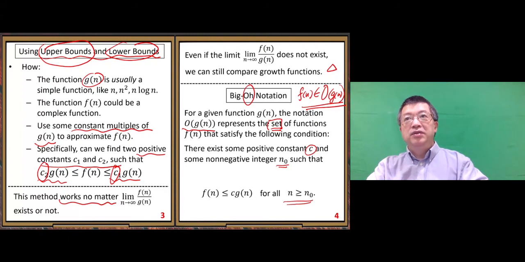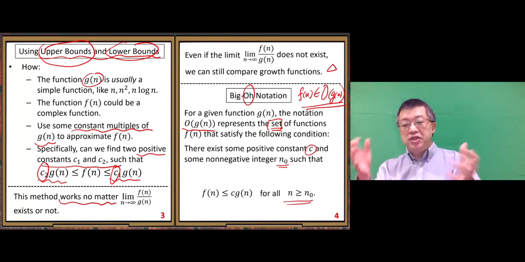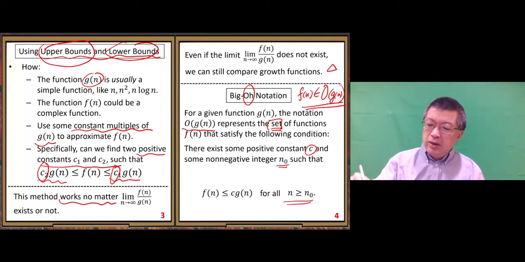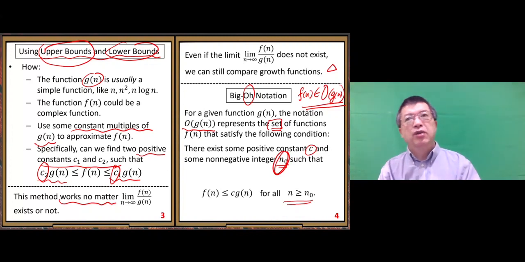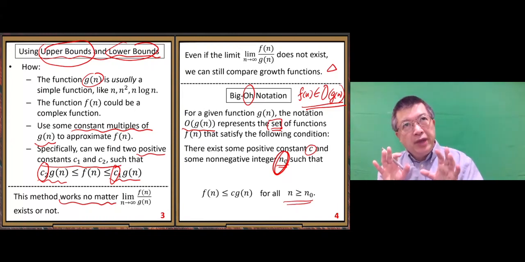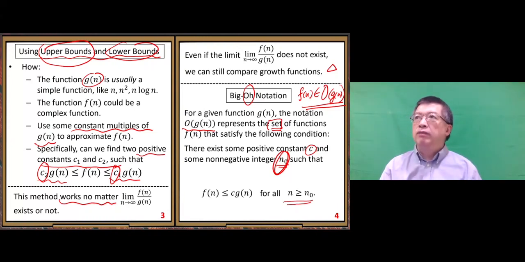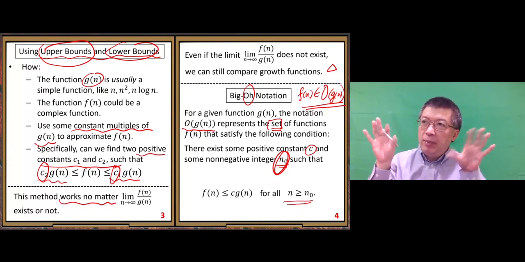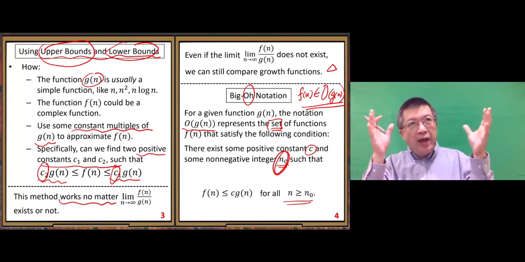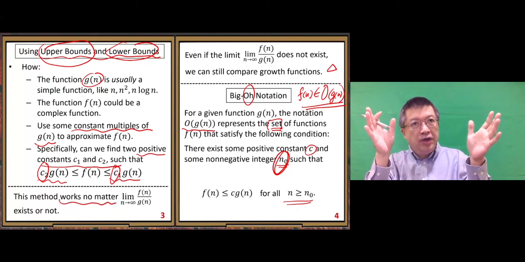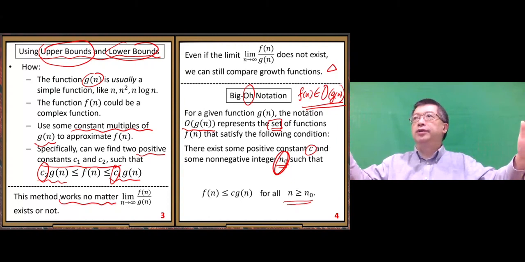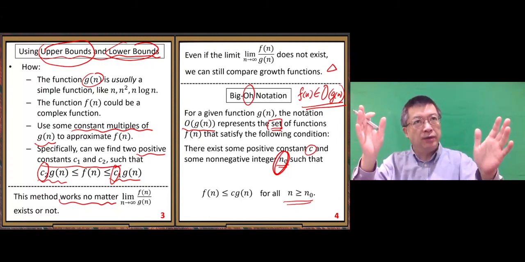Because this definition is pretty abstract, you may wonder: what is this n0? What is the role of this n0? To understand its role, recall the description of algorithm efficiency I gave before about the overhead part. When the problem size is relatively small, you need to pay a lot of cost to cover the overhead part, basically doing preparation.